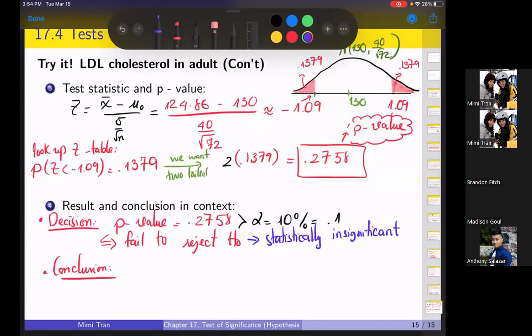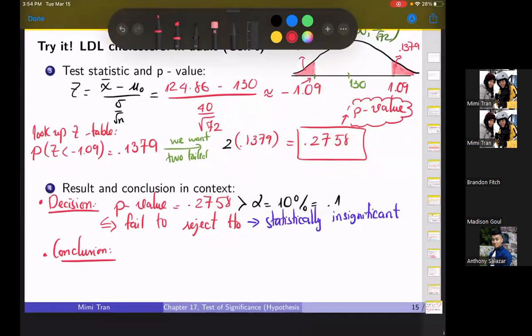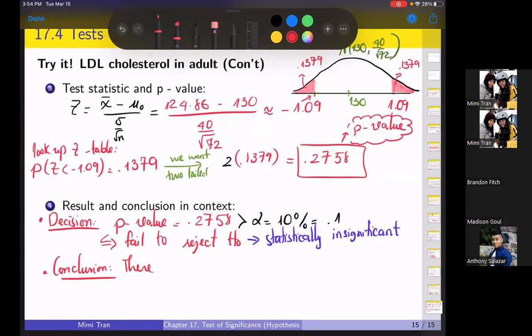Boring, right? So the conclusion is there is not sufficient evidence to say that.